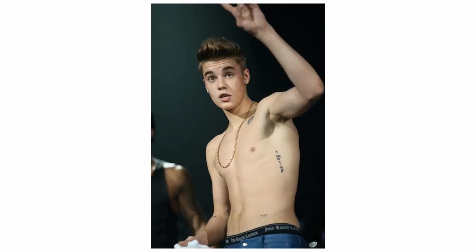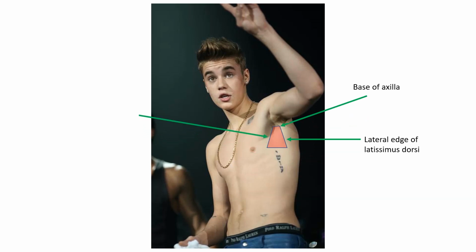Now, this is our model, and using this model, I'm going to put a triangle right under his armpit. This is referred to as the safety triangle. Theoretically, and this was derived from chest tubes, if we draw a line at the base of the axilla, and we draw a line at the lateral edge of the latissimus dorsi, and then we draw another line at the lateral edge of the pectoralis major, then that makes up our safety box.